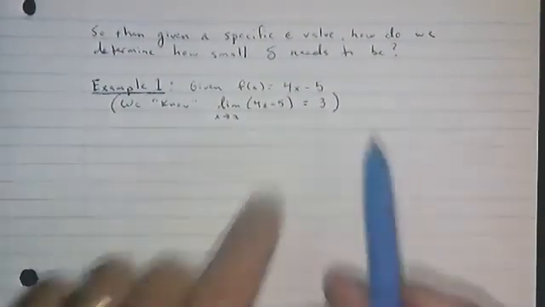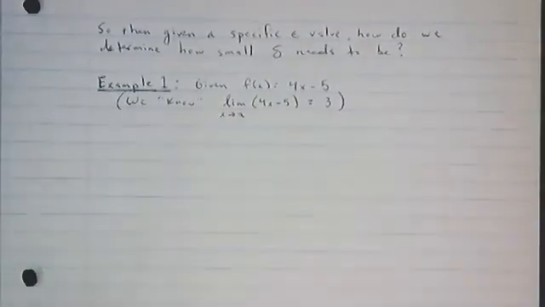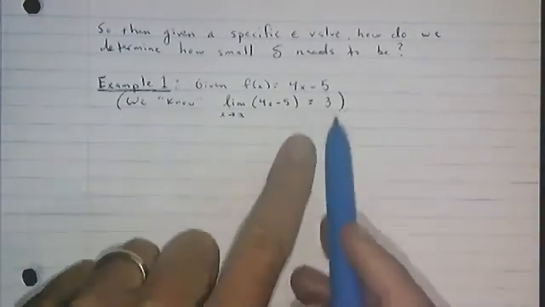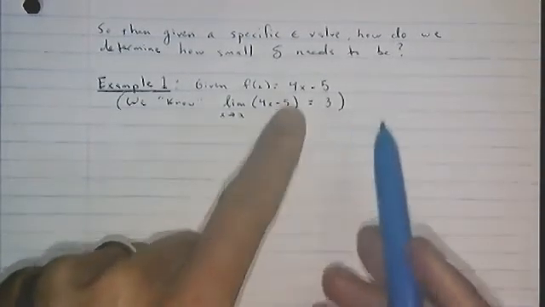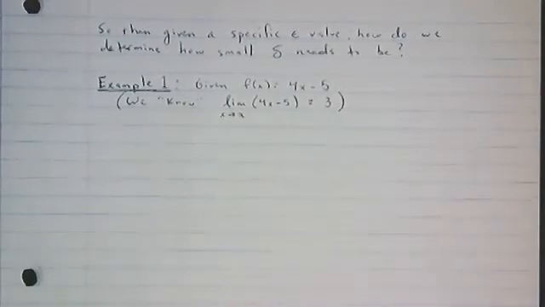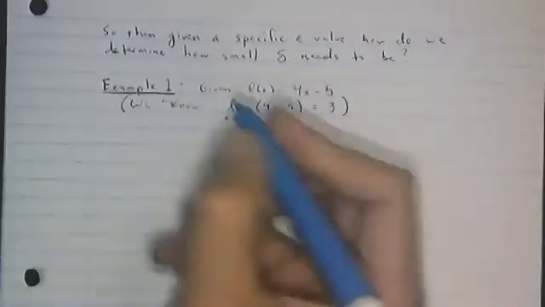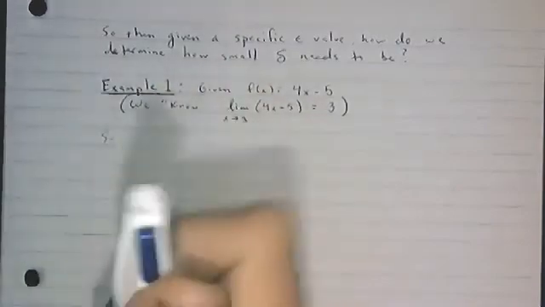But let's say we're going to use this new sufficiently close idea. So we know that the function is approaching 3 because, well, that's what it is. But suppose we wanted to be within a tenth. Yeah, a tenth. So suppose, no, not red.